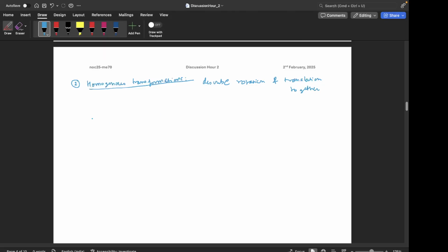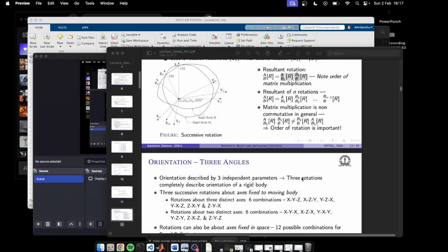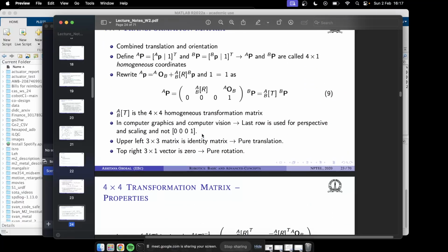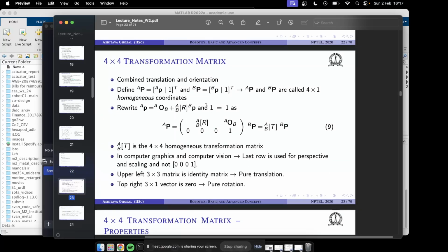Okay, so I will refer to the lecture slides for this purpose. Yeah, so the transformation matrix is a 4 cross 4 matrix and it describes combined translation and rotation, right?